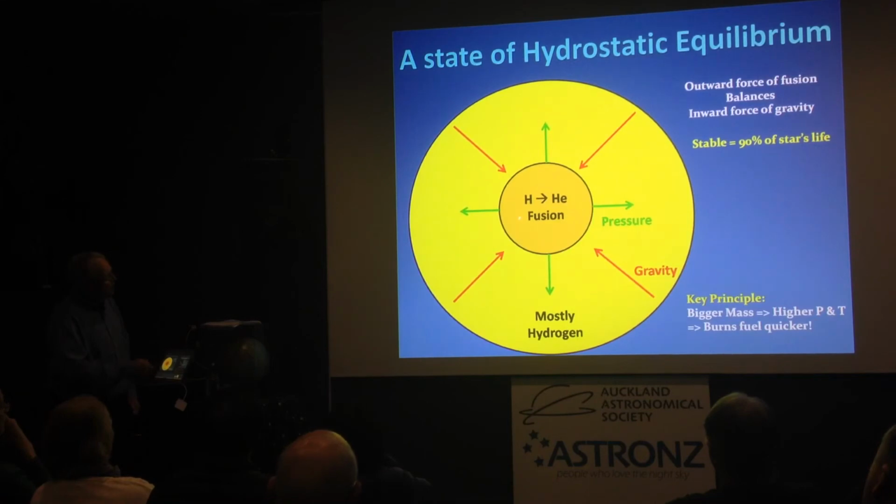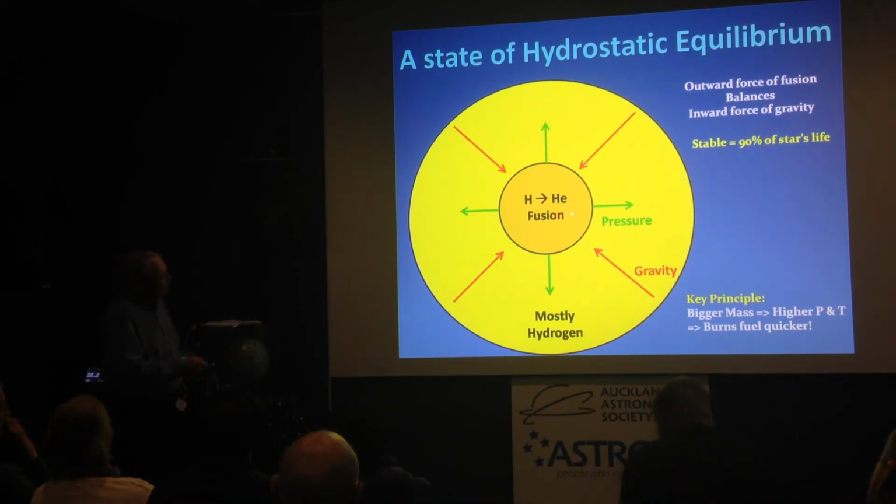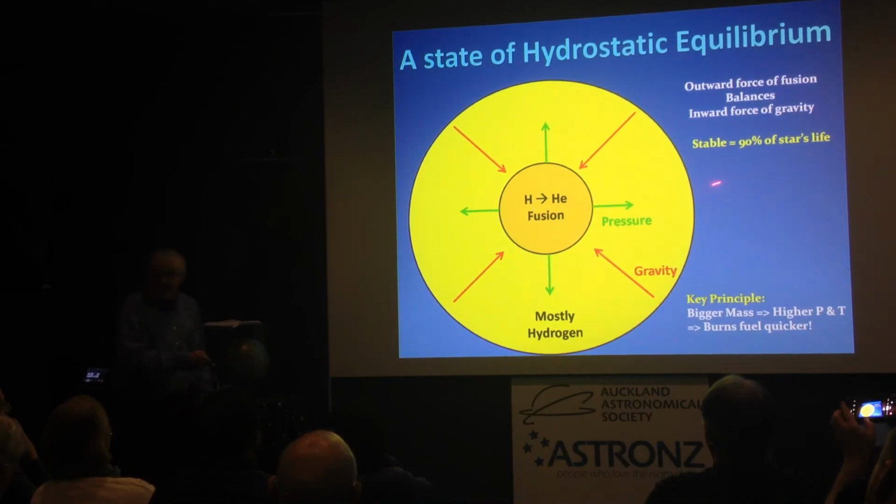You can see nuclear bombs, they deliver a lot of power. It's all going on in the core, and the star settles down into a state of hydrostatic equilibrium, whereby the outward pressure of those nuclear forces perfectly matches the inward drive of gravity. A star sits very, very stable there.